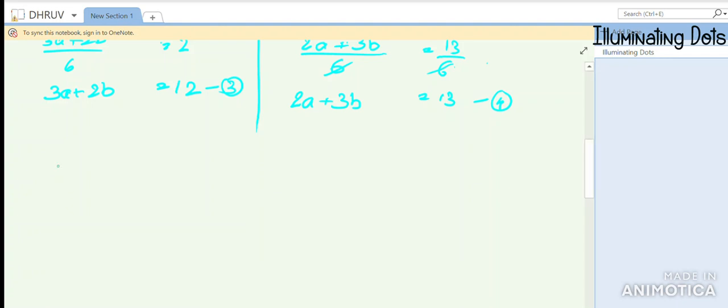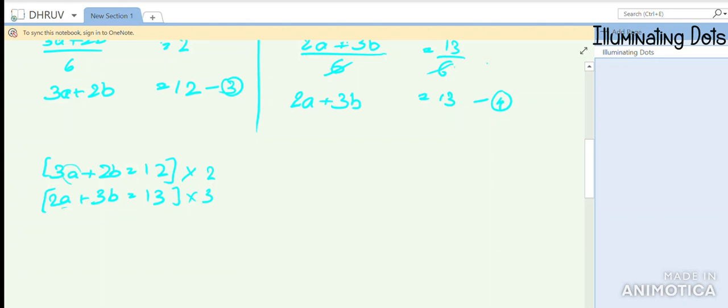So 3a plus 2b is equal to 12 and 2a plus 3b is equal to 13. These are the two equations. Now I will go with the elimination method. Here I multiply by 2 and here I multiply by 3, because I want to make the coefficients of a equal.